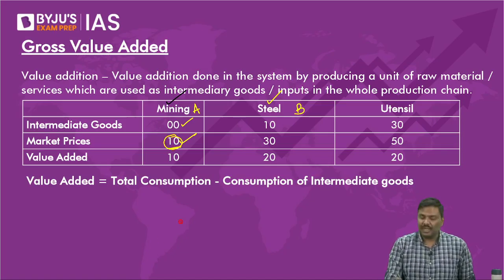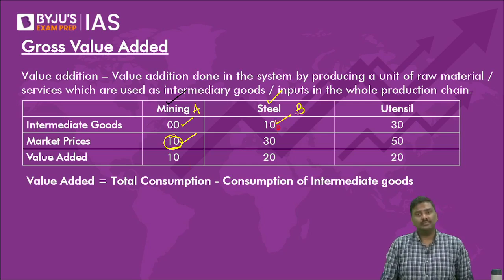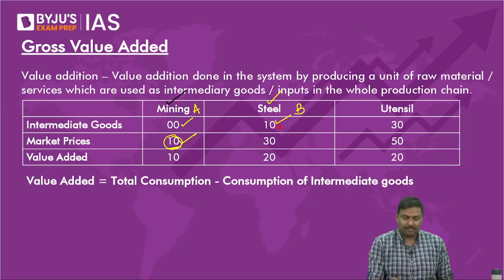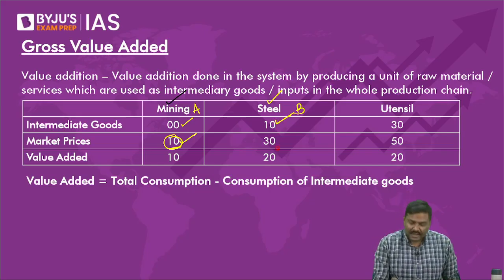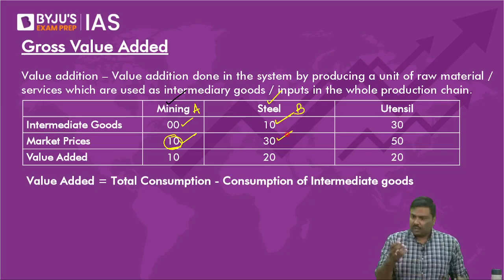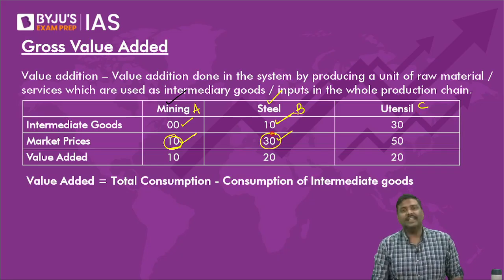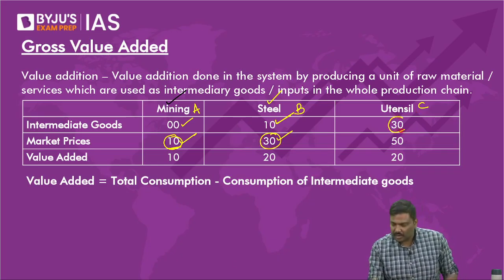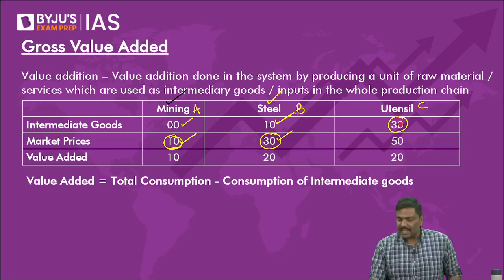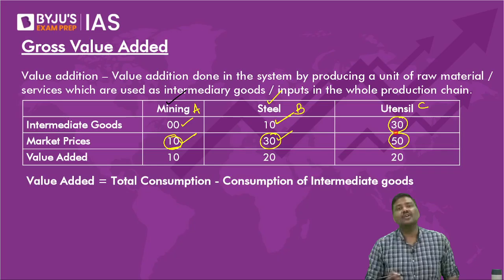This 10 rupees will be the cost of raw material, or the input price, for company B. Now company B will use it to produce steel and sell it to company C. Company C will purchase it at 30 rupees. For them, it will be the cost of input. And they will sell it in the market at 50 rupees.